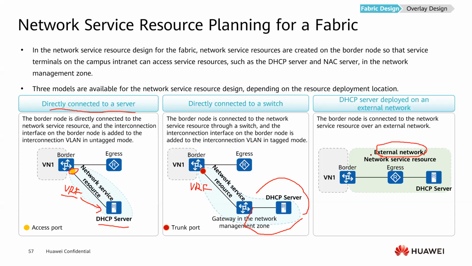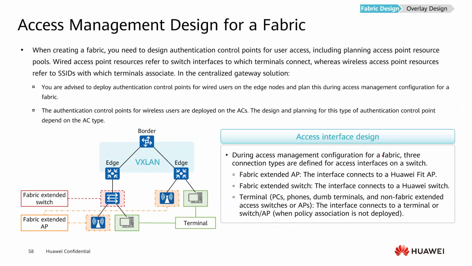For the external network, it will establish a static route, and this static route is designated to the external network. So in this scenario, the border first connects to the external network, and then it will connect to the server.